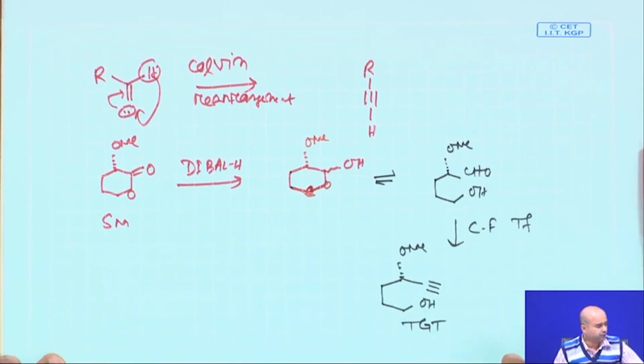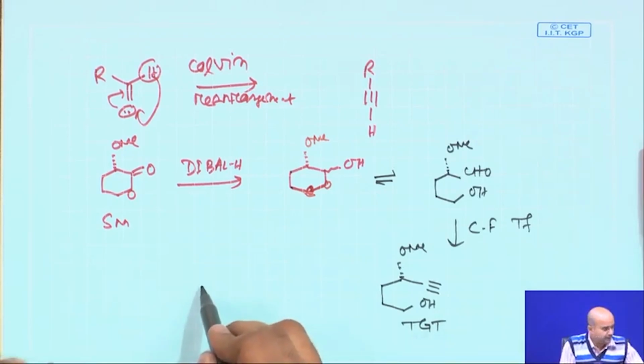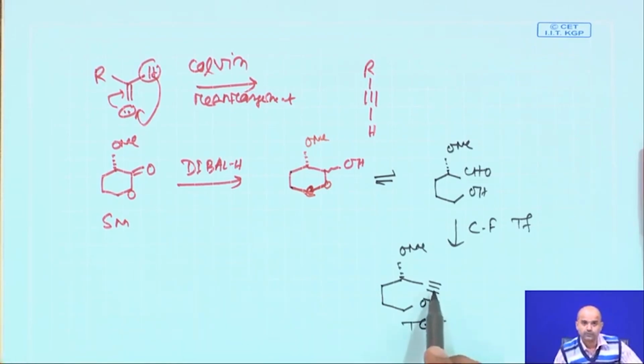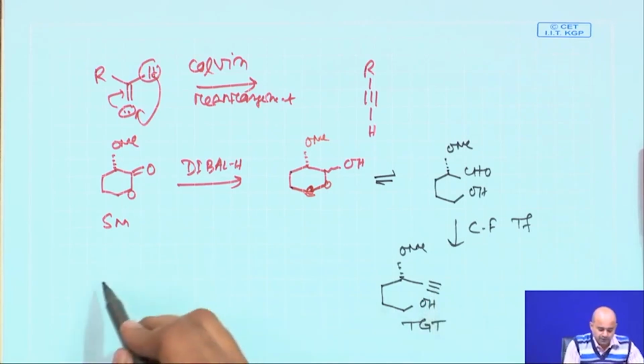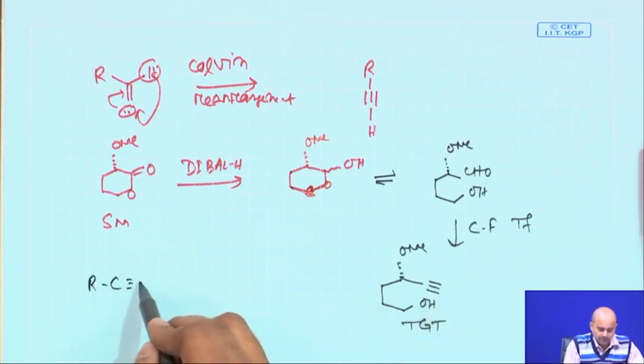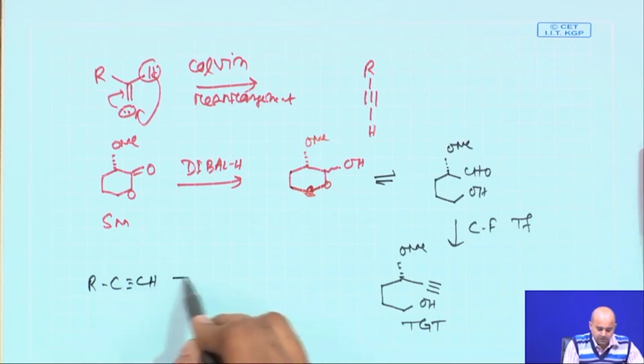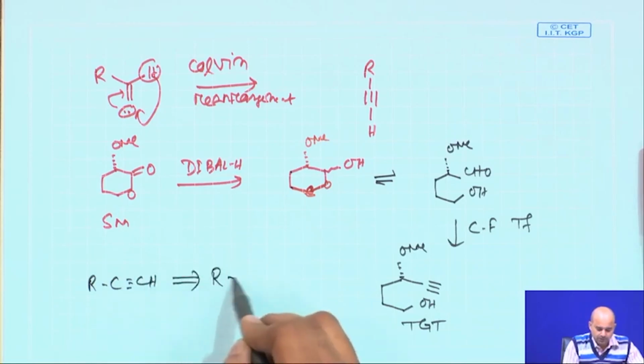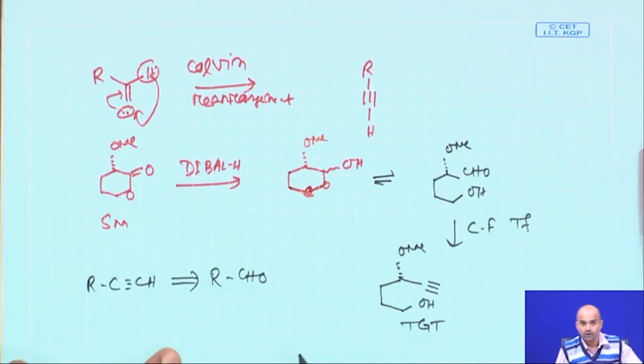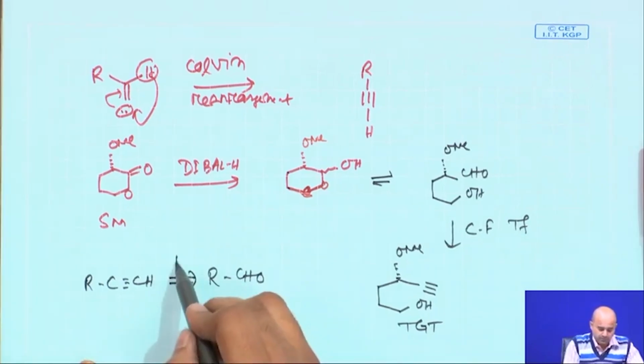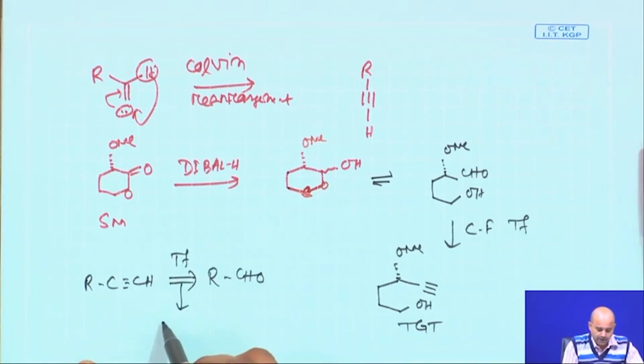In this transformation you will find that an alkyne appendage, or alkyne functional group, was introduced, and retrosynthetically any alkyne of this kind of structure you can construct from the corresponding aldehyde in a one-step transformation by using the Corey-Fuchs reaction or CF transformation.